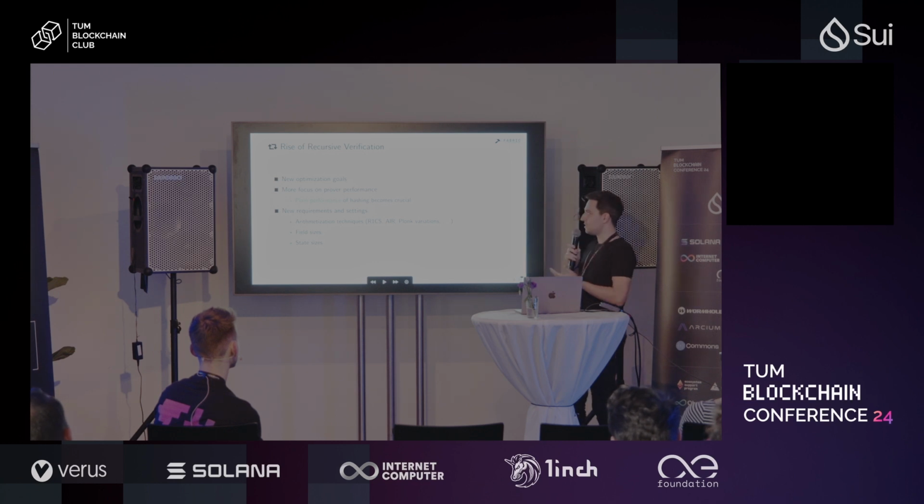This has led to new optimization goals, and in particular, it became apparent that the proof performance is very, very important in these cases. For fast aggregation, you want to have a very, very fast hash function. And this means that the plain performance of SNARK-friendly hashing suddenly became very, very important.